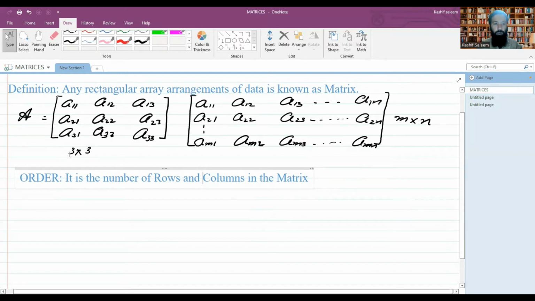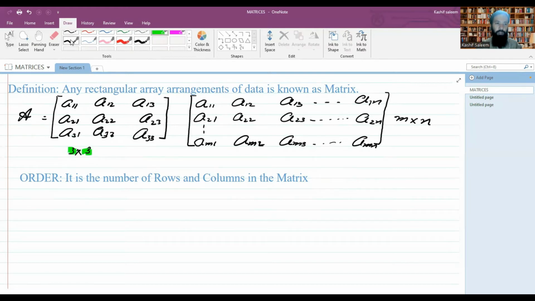So there are three rows and three columns, so we say that it is a 3 by 3 matrix.